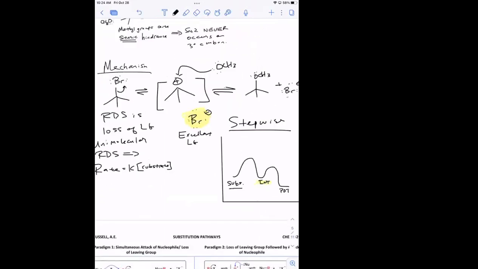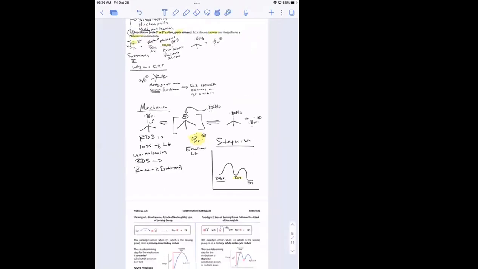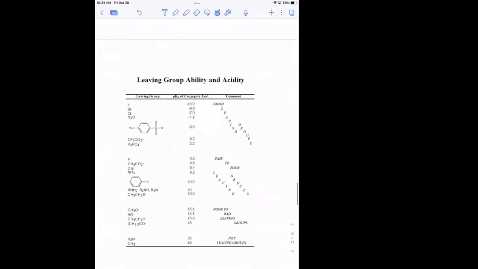Again, I have a chart in here somewhere. Here, I have a leaving group chart with the pKa's. So you can see bromine is near the top. Good, and you get fair to poor to bad, and then not leaving. It's all predicated on the same concept of hierarchy, like the conjugate base concept.